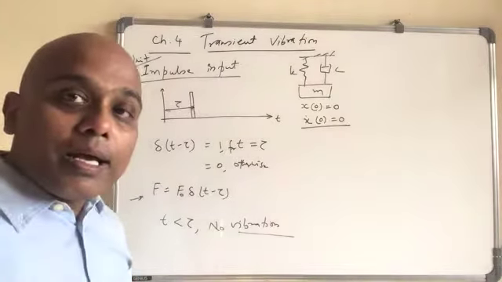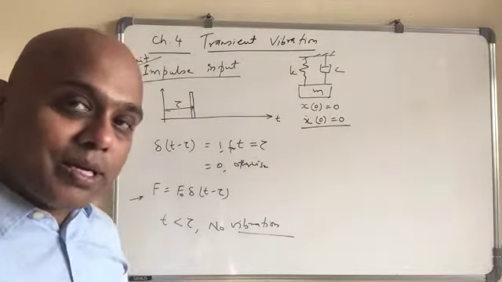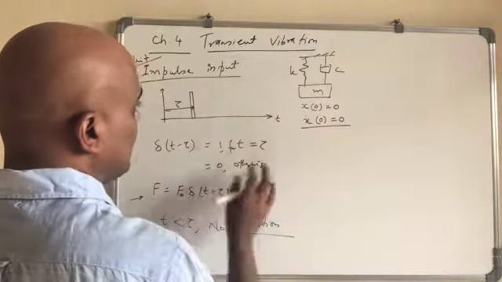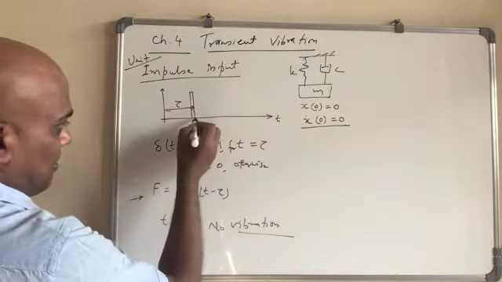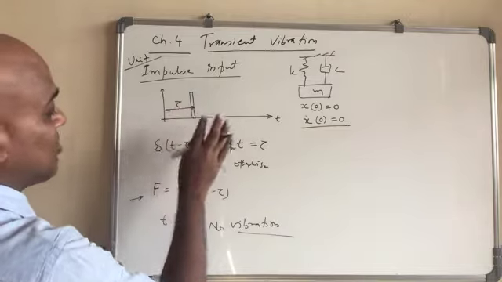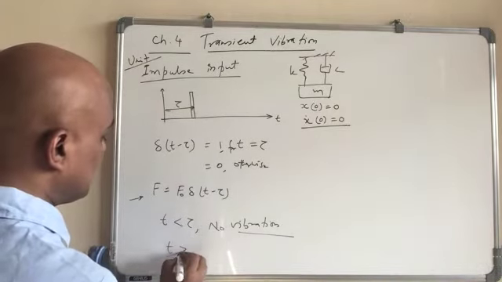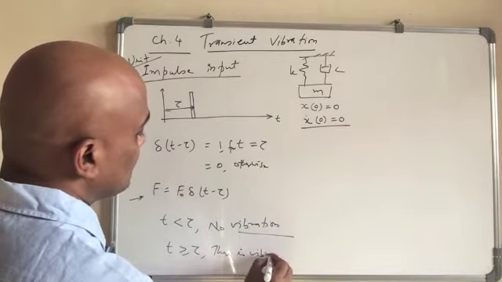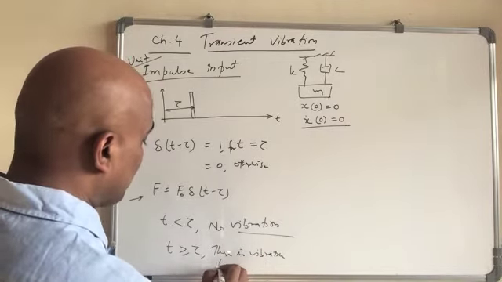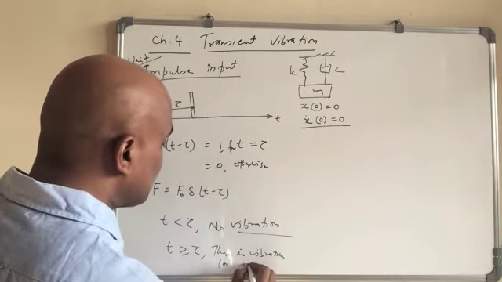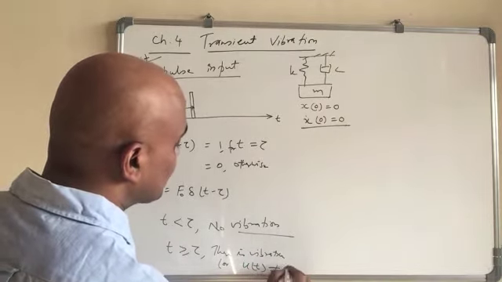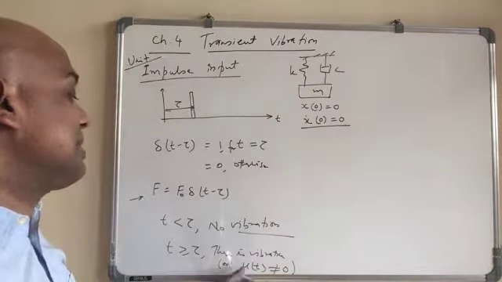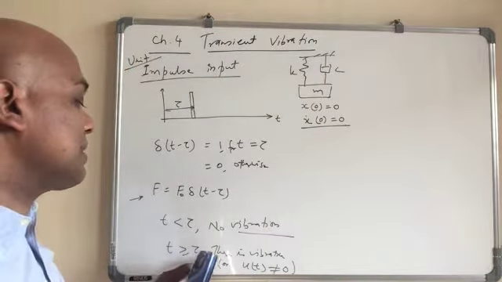However, the real meaning we will also understand today. For t less than tau there is no vibration, and there is vibration for t greater than tau, so u of t is not equal to 0. There will be some expression for u of t if t is greater than tau.